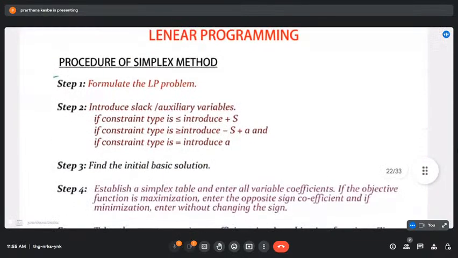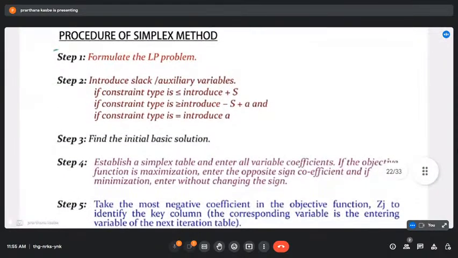Linear programming procedure of the simplex method. What is the procedure of the simplex method? Formulate the LP problem. Firstly, we have to formulate the linear programming problem. Then introduce the slack or auxiliary variables.